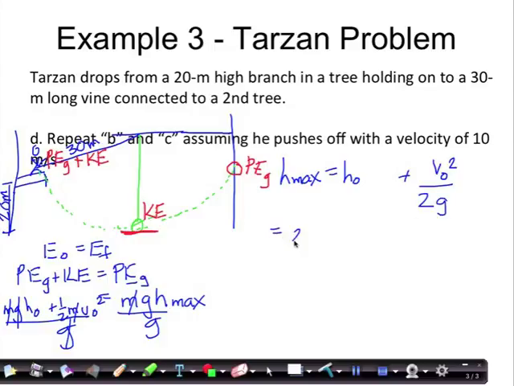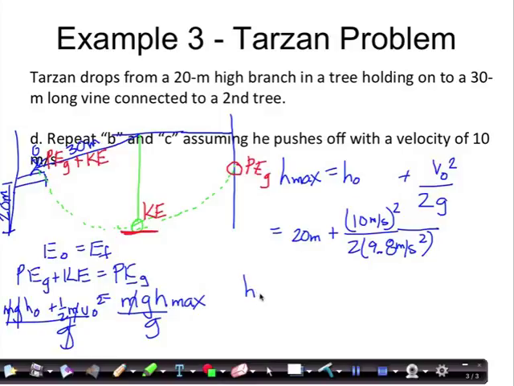When we plug in, we get 20 meters plus our initial velocity, 10 meters per second. We want to square that value, divided by 2 times 9.8 meters per second squared.